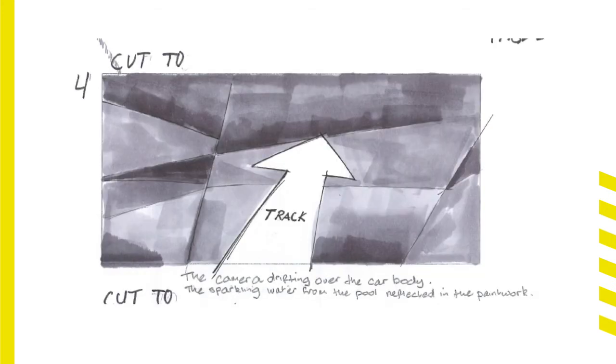And then we cut to a new tracking with the camera over another part of the car. So it's going to be really close-up images. And the camera drifting over the car body, the sparkling water from the pool reflected in the paintwork. So we are nearby a pool.